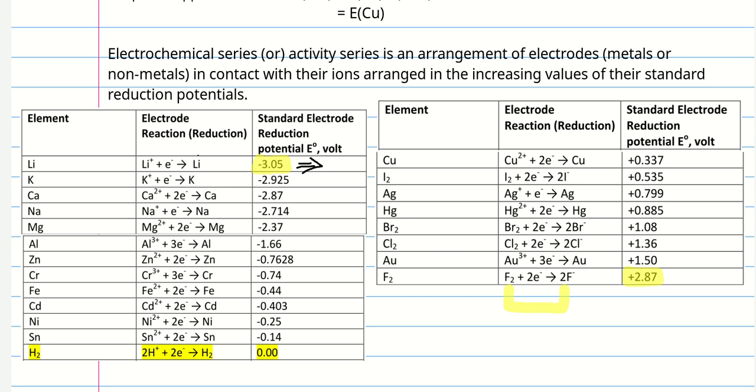Rather, it is easier for it to do the reverse, that is, for lithium to lose an electron and form lithium plus. This is justifiable because lithium is an electropositive metal, so it has the tendency to lose electrons and form lithium plus to form salts.